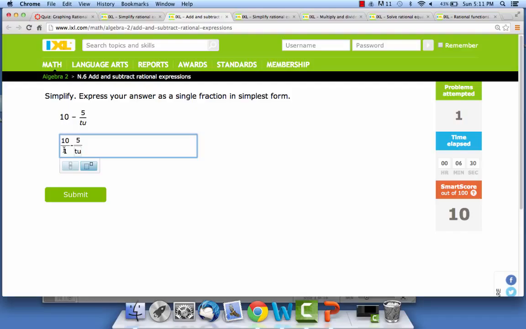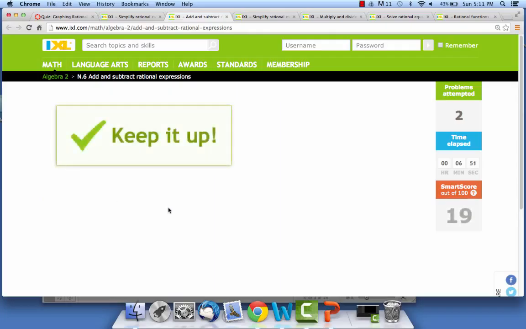The highest power of anything is 1t and 1u. So I need over here tu, which means I have to multiply up here by tu. Once I've done that, I can just do the minus 5 right there, and that's done.